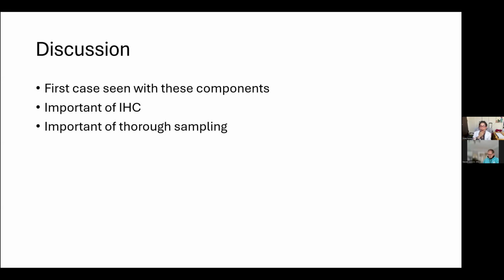Your point about thorough sampling is an interesting one. If the tumor looks grossly like a mature cystic teratoma, and there is not a worrisome solid component, that is actually one tumor in which I will not submit the high number of sections.